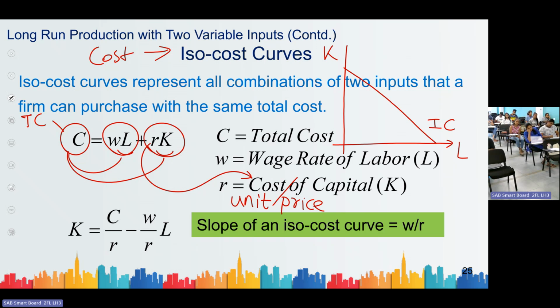Unit price of capital multiplied by number of capital units employed. That is the cost on capital.